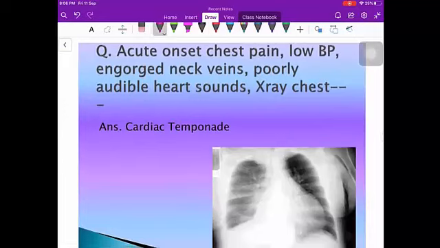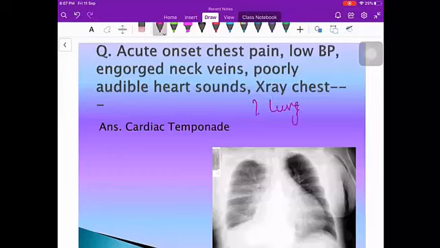So it must have been a male presenting with an acute onset of chest pain, low blood pressure. On examination, there are engorged neck veins, poorly audible heart sounds, and X-ray chest, maybe a bedside X-ray, must have been done. And I think somewhere I've read that this patient had lung cancer previously.